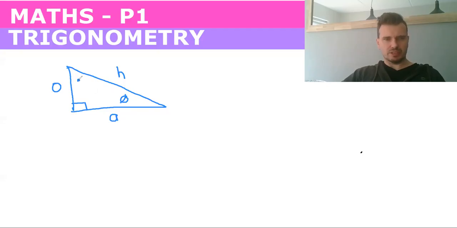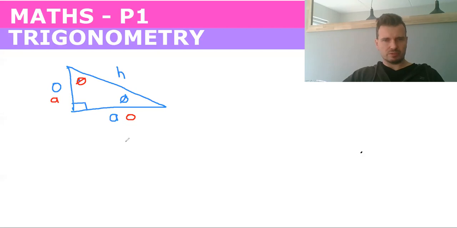So if this was to be your theta, then suddenly your opposite becomes this one and your adjacent becomes this one. So you have to look at which angle you're trying to work out to know which is the adjacent and which is the opposite. So these are interchangeable.